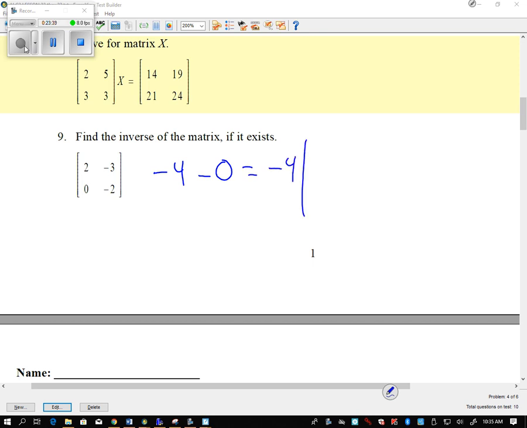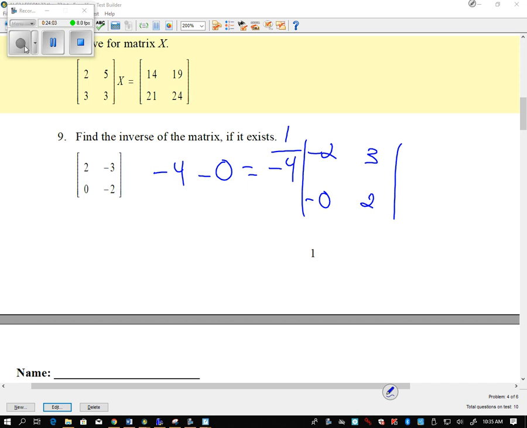Okay, so negative 4, and then we'll want to flip, so we've got negative 2, 2, and then the negative 0, positive 3. Oh, and this should be times 1 over negative 4, according to that chart that we saw down there.